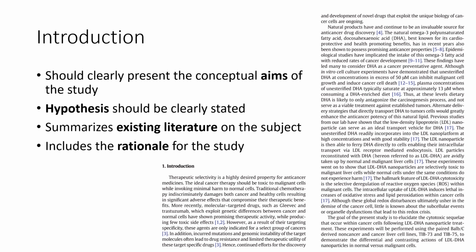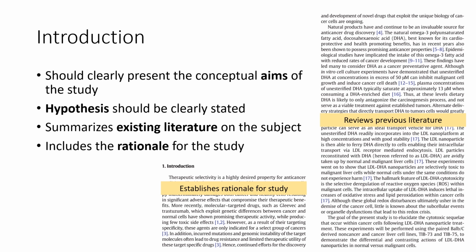So here is the introduction to that paper that we've been looking at, and you can see that this first paragraph is essentially establishing the rationale for the study. In this particular paper, liver cancer is really hard to treat because if you give a patient chemotherapy, their liver's already damaged and you'll give them liver failure. So we need drugs that won't harm the normal liver, but will kill the cancer cells. And then the second paragraph reviews the previous literature, including the previous studies that that particular lab has done.